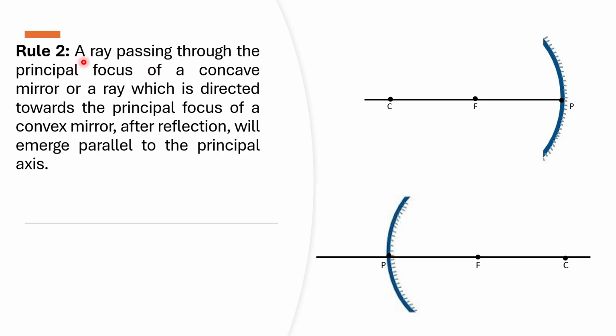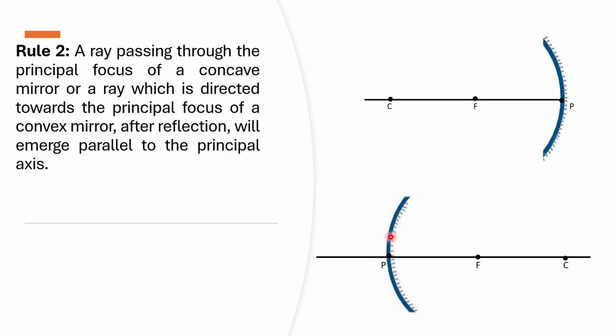A ray passing through the principal focus of a concave mirror, or a ray which is directed towards the principal focus of a convex mirror, after reflection will emerge parallel to the principal axis. Again, this is applicable to concave as well as convex mirrors.